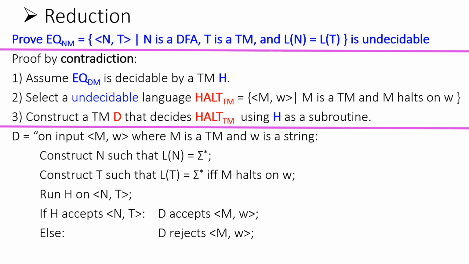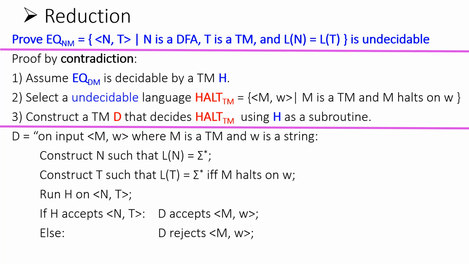With these two machines at hand, we can finally construct D that decides HALT_TM. D equals, on its input ⟨M, w⟩, it first constructs N and T as described before. Then it runs H on ⟨N, T⟩.